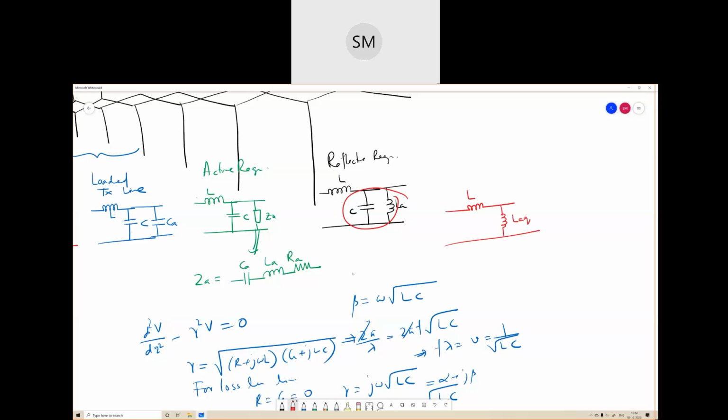The beta becomes 0 and the phase velocity becomes infinite, right? So there is no wave propagation. If there is no wave propagation, all the elements would be in the same phase.